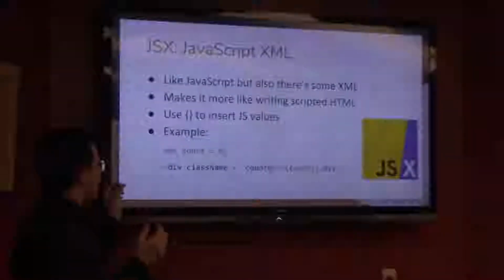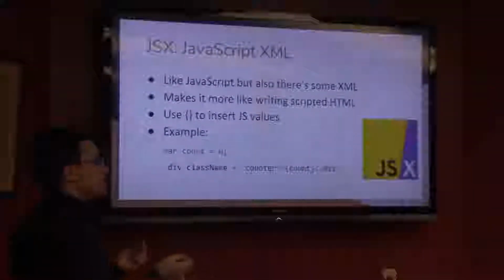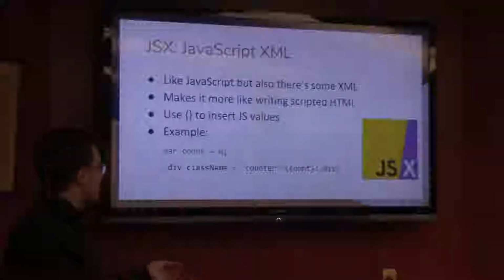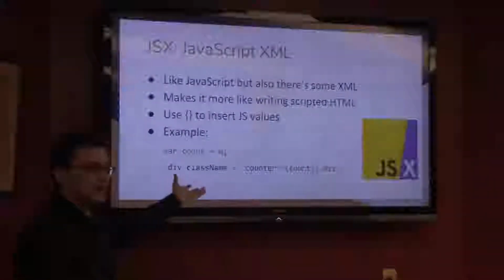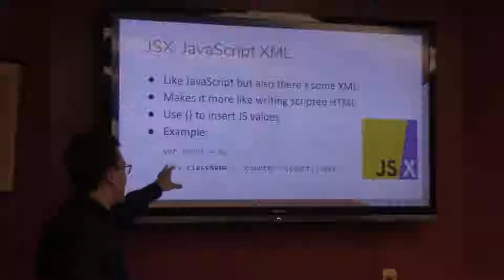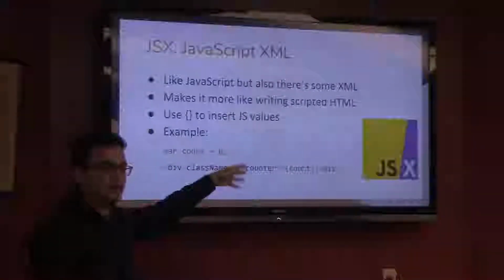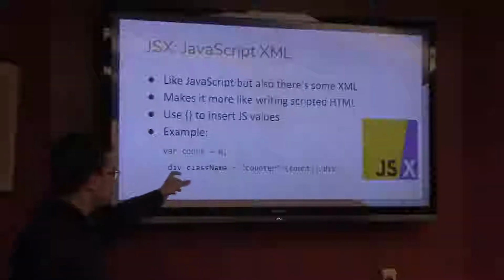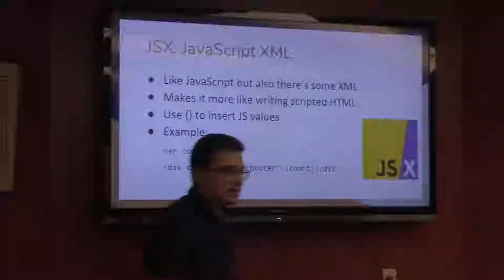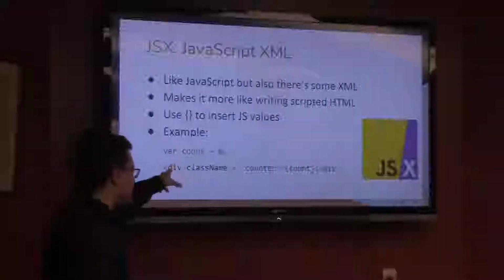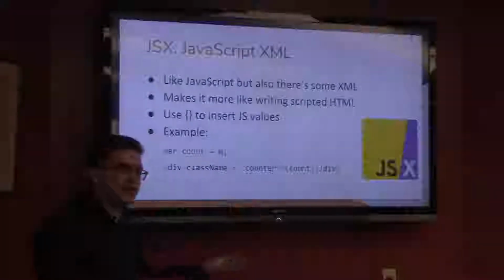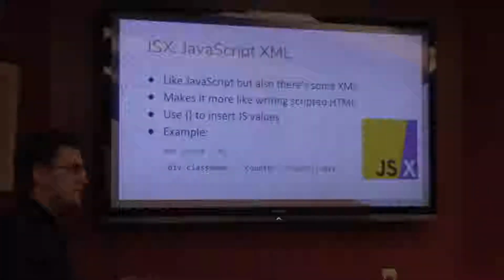So you can use brackets to insert JS values into what's basically an HTML document. I was talking about a counter before. If you have variable count equals 0, and you want to insert the value of count into this div as text, you just put in brackets count, and then it gets inserted for you. If this gets updated, that will get updated automatically. You don't have to worry about going into the document and editing things.